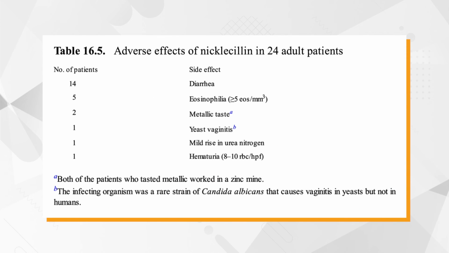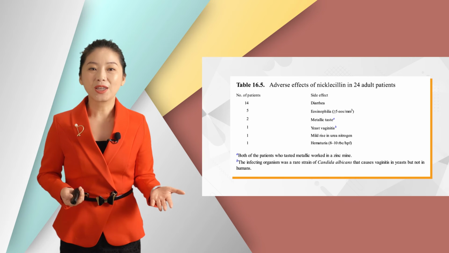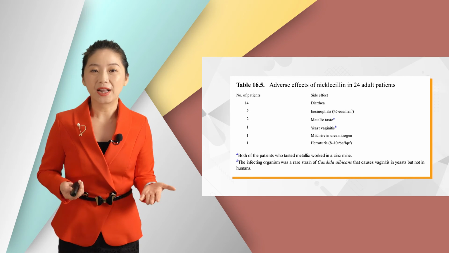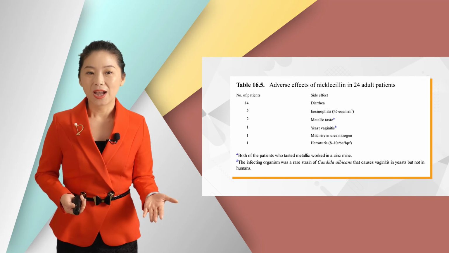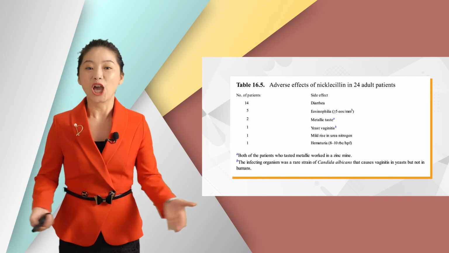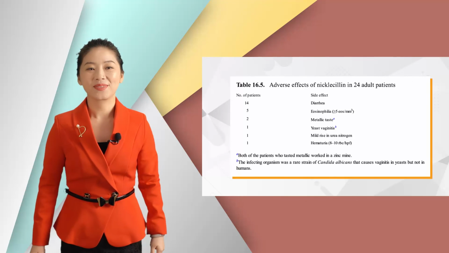Table 16.5 is an example. This information could easily be presented in a text. A good copy editor will kill this kind of table and incorporate the data into the text.